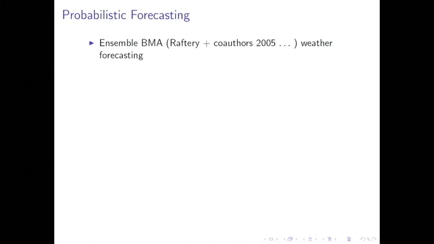If you go back to some of the work of Adrian Raftery and co-authors from 2005 and going forward, of what they describe as ensemble BMA, that's using this logarithmic scoring rule to try to combine models and combine forecasts. Their formulation is, again, trying to find the weights. They actually have another parameter in here, say a sigma squared, that's within each model. So they're postulating some model for the data.